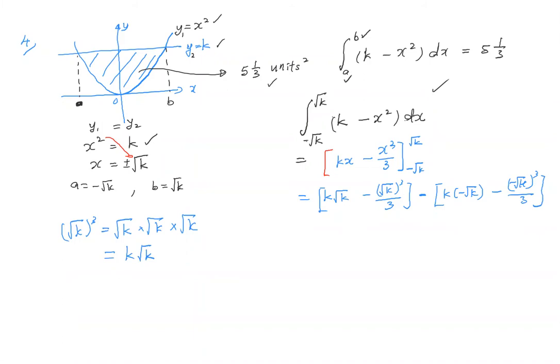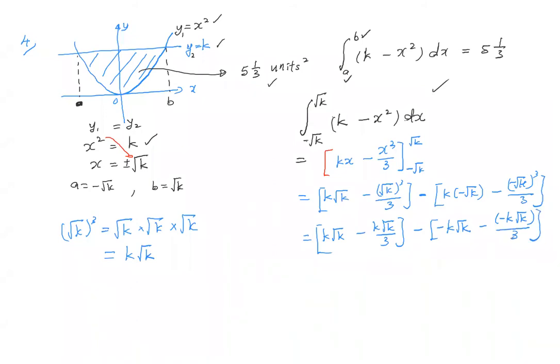Yeah. So I have k root k, take away k root k over 3, take away negative k root k, and this is negative k root k, because a negative number, when you cube it, you will get a negative number.